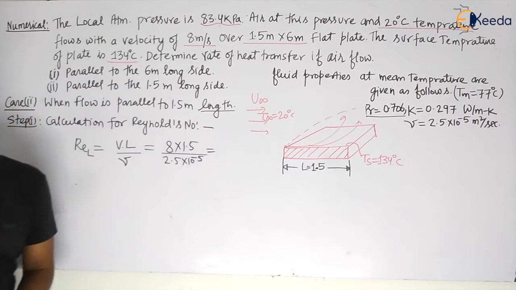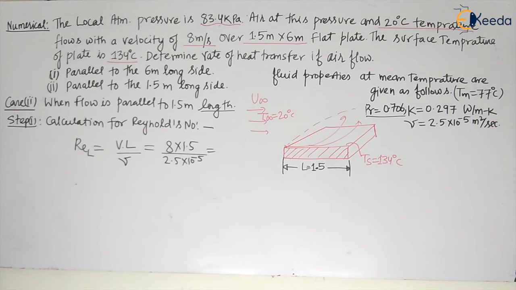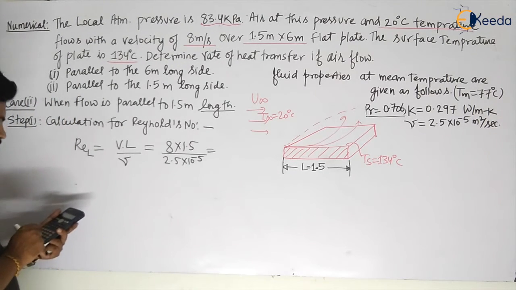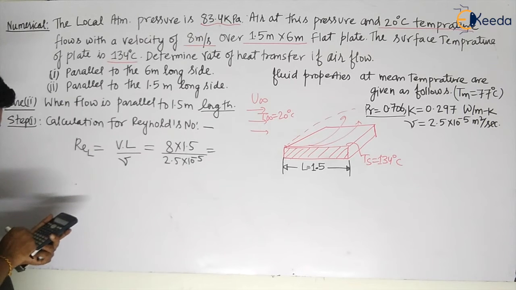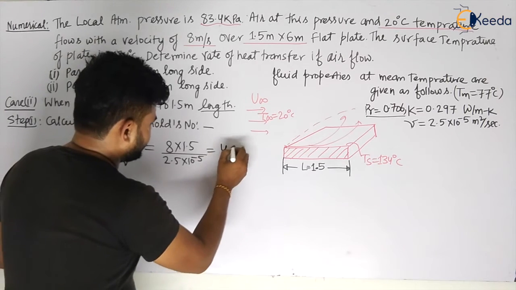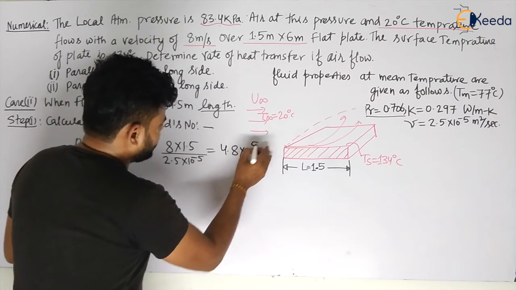Let us see what the value of the Reynolds number will be. So this will be 8 into 1.5 divided by 2.5 into 10 to the power minus 5, and this will be something like 4.8 into 10 to the power 5.